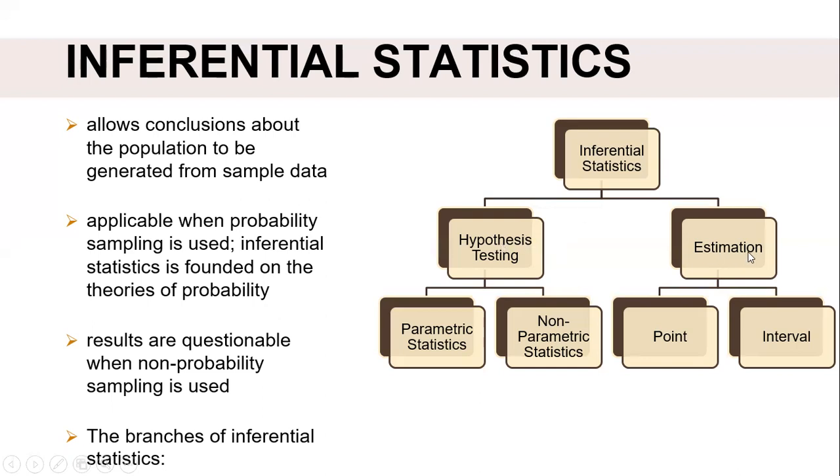When we speak about the estimation process, you could give either a point or an interval estimate. We will discuss it later on. And aside from estimation, you could also have what we call hypothesis testing. This includes parametric and non-parametric statistics whenever applicable.